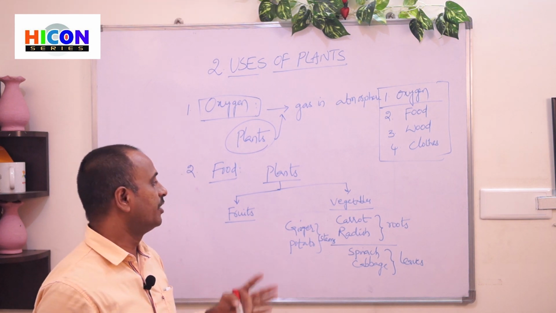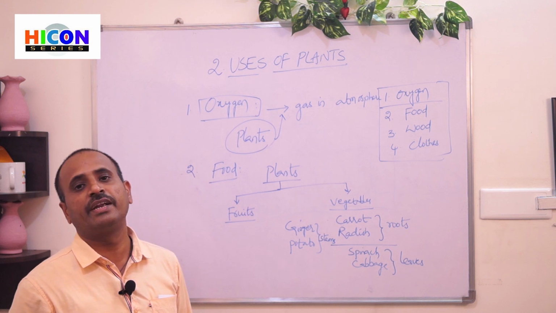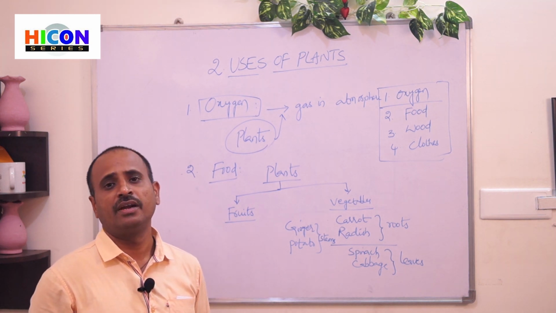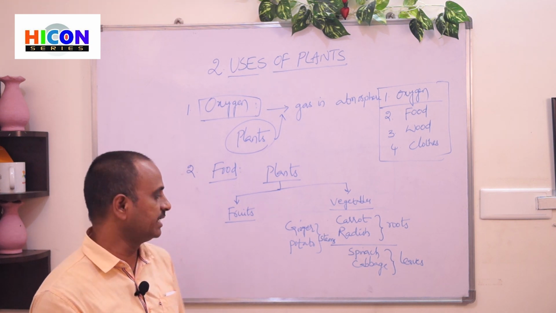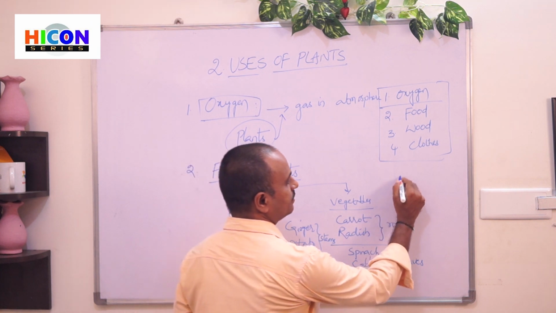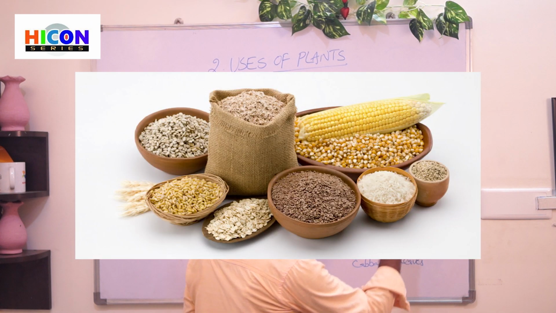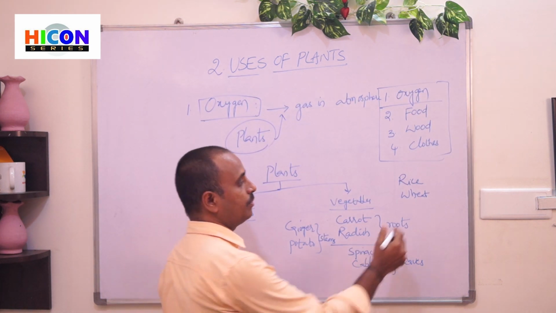So in this way, different parts of the plants are useful for different food items. In the same way, daily we eat rice and wheat and maize. All these are obtained in the form of seeds. Daily we eat rice, and sometimes we make chapati, roti with the help of wheat.